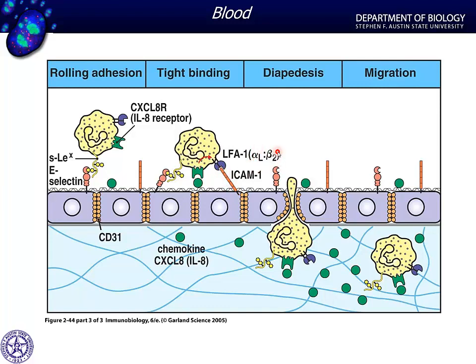It's alpha L, beta 2, and this is called LFA1, this particular integrin that's going to stop the movement of the neutrophil. Blood is still flowing through the vessel, but now we've stopped the neutrophil. Diapedesis occurs, and we can release our enzymes in the basement membrane and interstitial spaces, so now the cell can easily migrate in the direction of the pathogen.